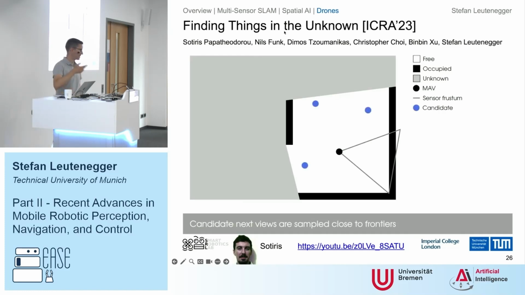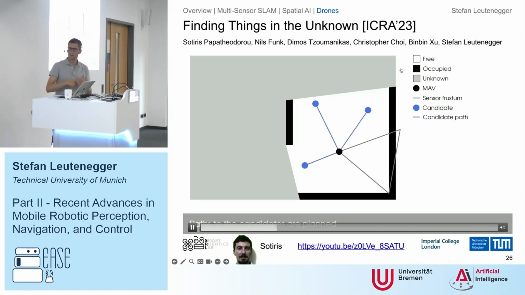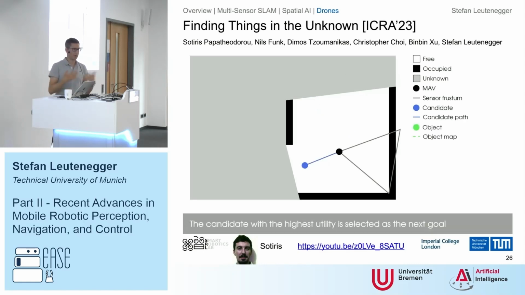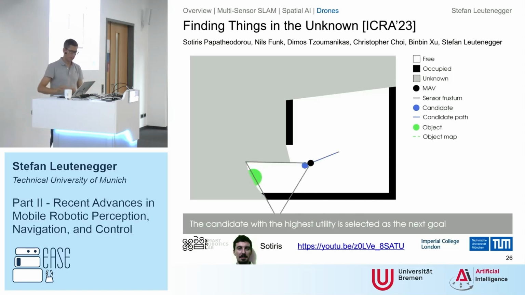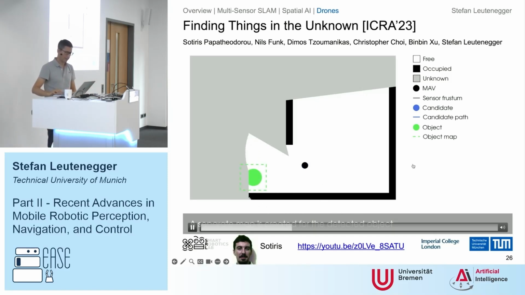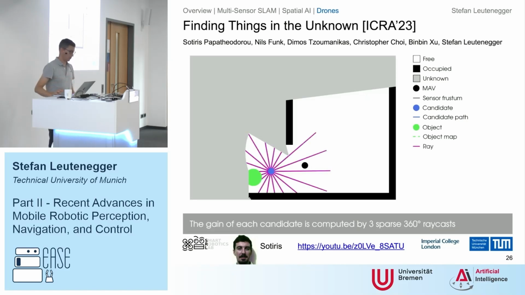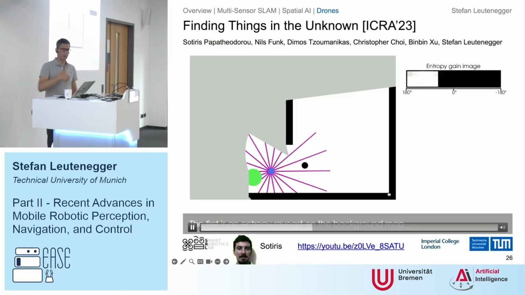So we would have a specific object category that the drone is trying to find. So it's not just an exploration problem of trying to reconstruct everything, but also with the specific goal of finding different objects, while also, of course, not flying into obstacles. So you're only allowed to plan actions into observed free space.